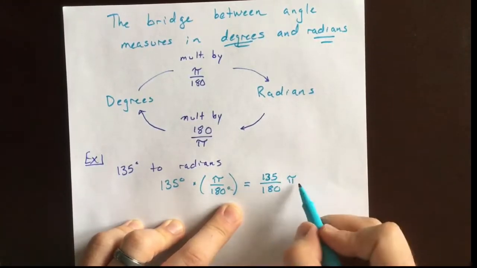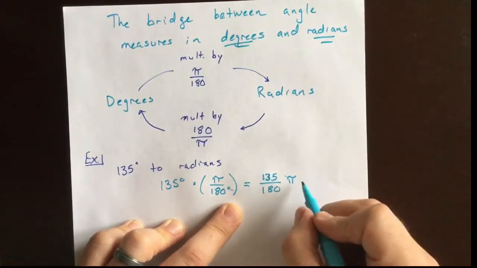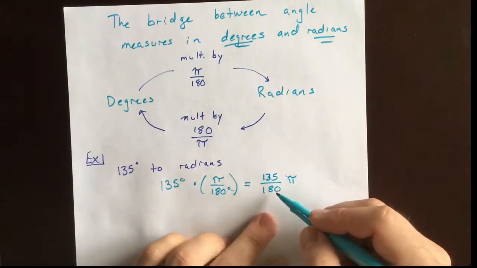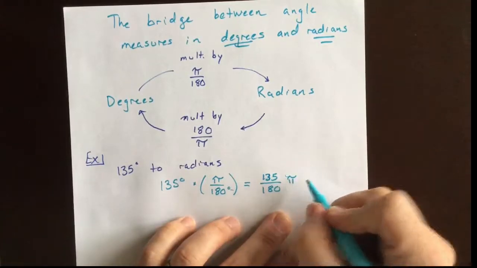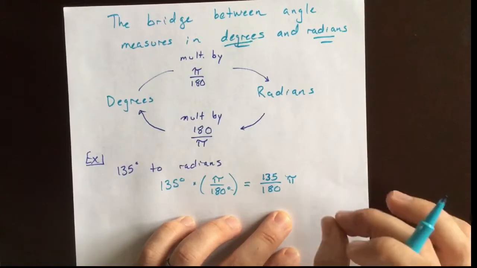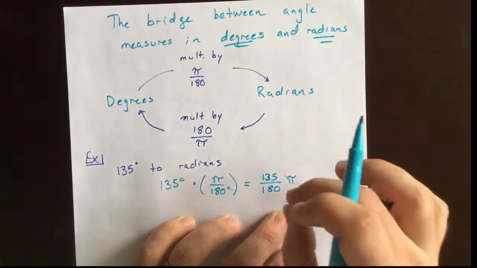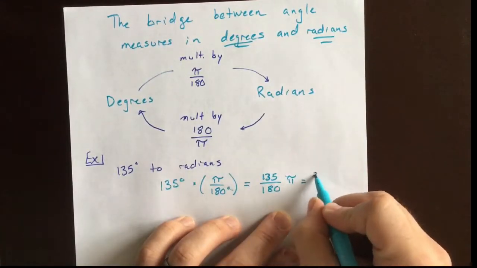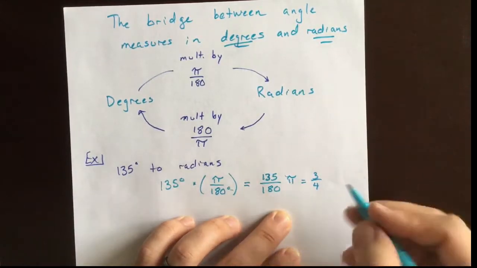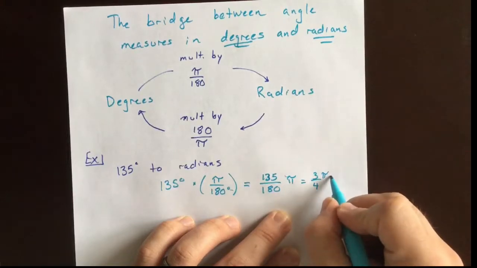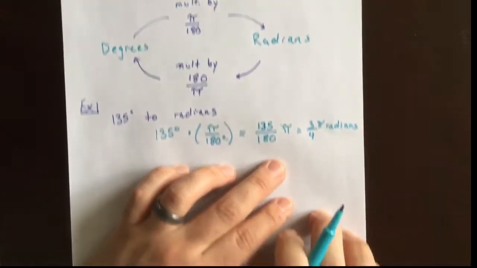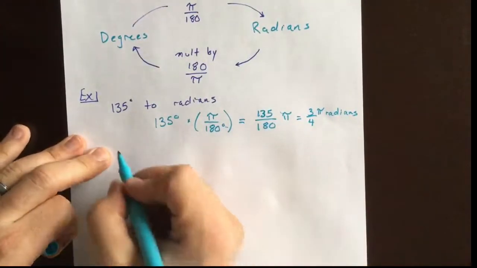I just put pi to the side because pi is going to stay there, remember? And 135 divided by 180 gives you 0.75, which is kind of tacky to write as a decimal and then pi. We often want to write our results as a fraction. So you get 3/4 pi radians.